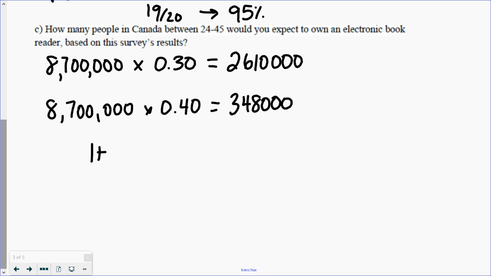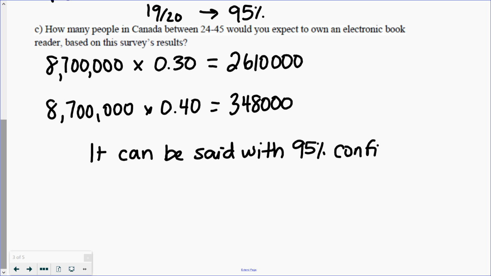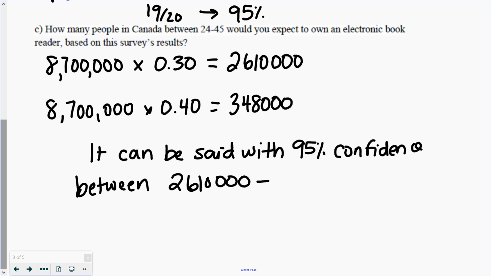So it can be said with 95% confidence between 2.61 million and, oops, I forgot a zero there, 3.48 million Canadians from ages 24 to 45.